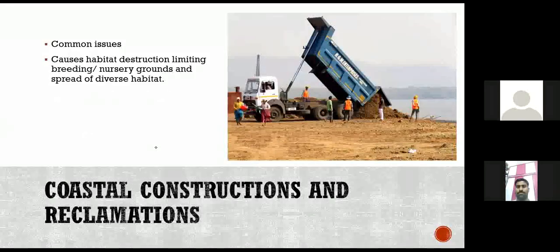Reclamations, of course, completely wipe out that particular habitat. So obviously, the whole diversity remains in question. As there is no habitat, the whole diversity is in question.